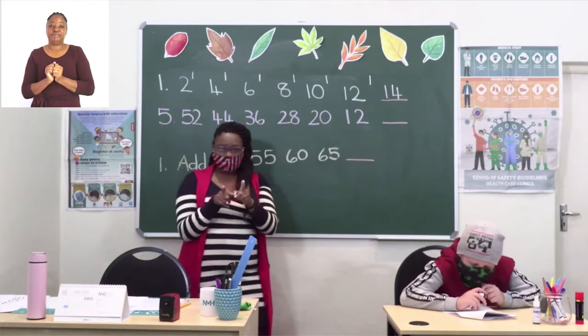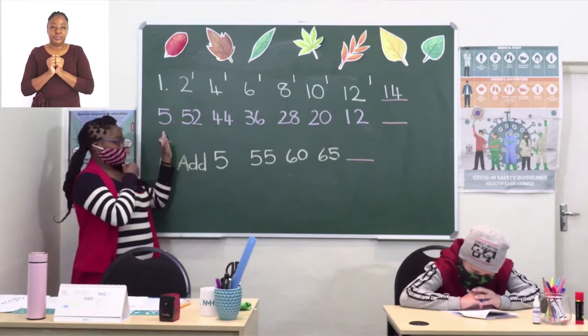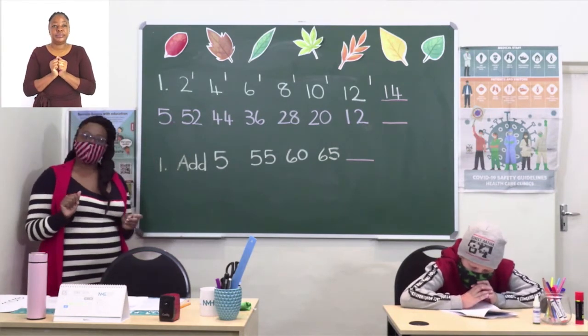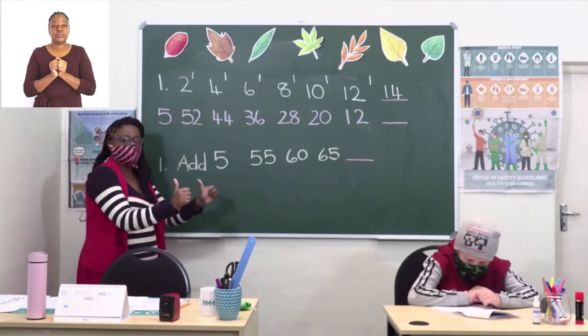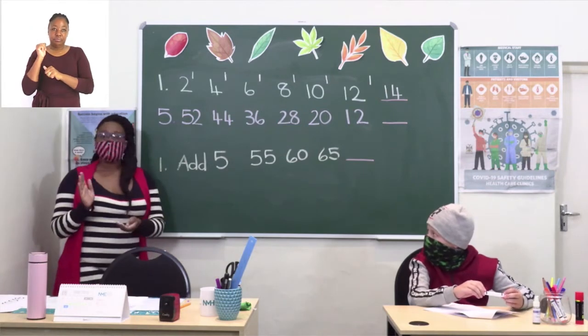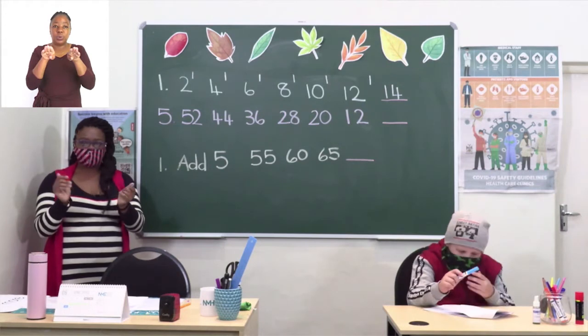If you got that correct at home, good job. Well done. Let us now look at number 5, because I know the rest are very easy for you now that you know. But number 5 seems like it is counting backwards. So, we have our numbers. Remember, when you are doing a number pattern, you first need to say the numbers out loud.